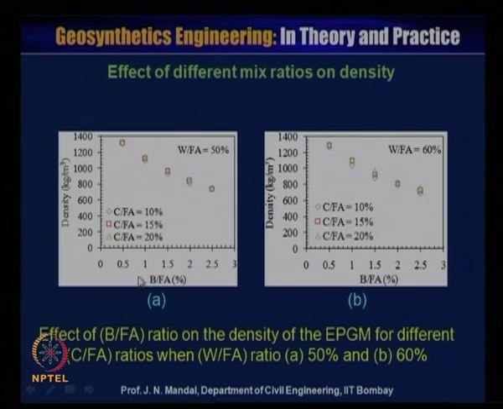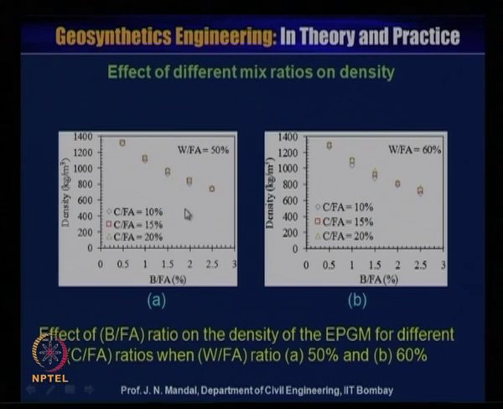This figure A shows on the x axis the beads to fly ash ratio, 0.5, 1, 1.5, 2, 2.5, and this is the density in kg per meter cube.